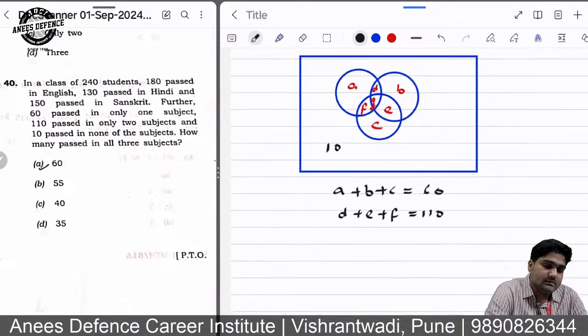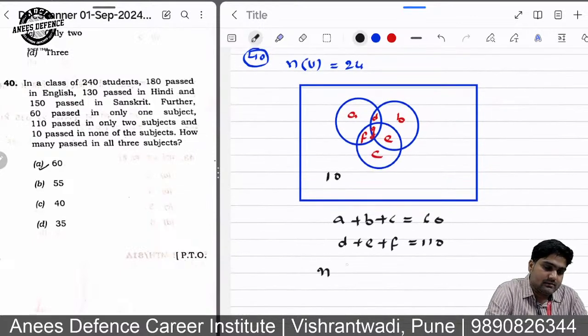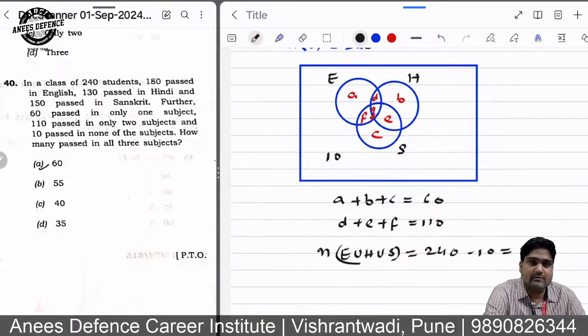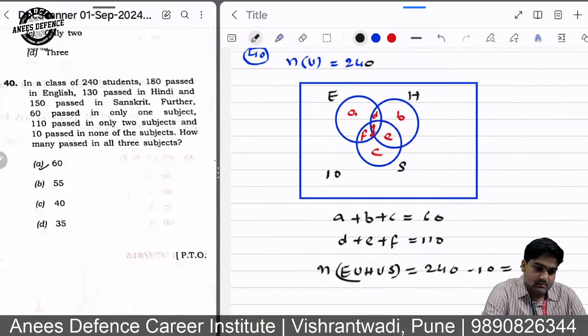So the union of English, Hindi, and Sanskrit, the total, is 240. 240 minus the 10 who passed in none of the subjects gives 230. That means at least one subject was passed by 230 students.